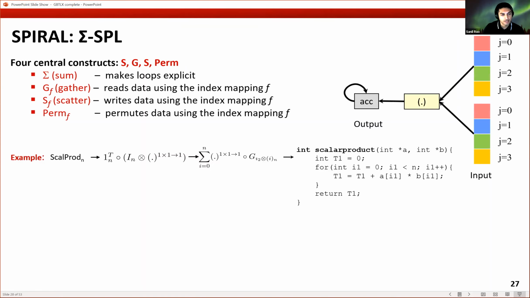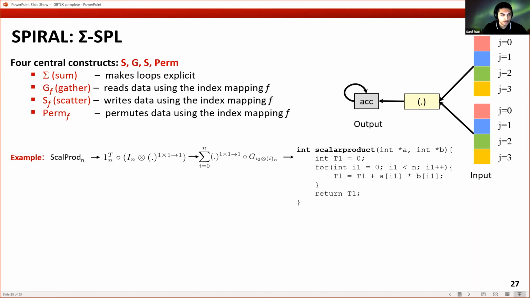So if we take as an example a scalar product, we can see the different stages that start on the left as our initial SPL formulation, then go to our expanded SPL formulation, then the sigma SPL formulation, and then finally the generated code. With the expanded SPL formulation, we're doing a pointwise multiplication, which we write out as an identity matrix and then compose that with a row vector of all ones to do the accumulation.